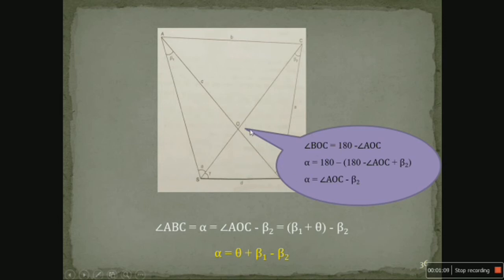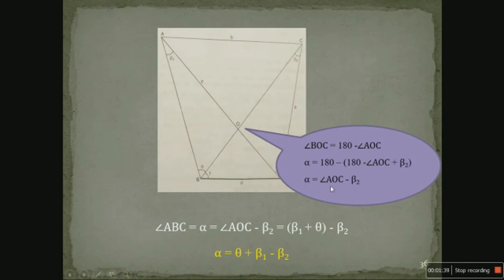So angle BOC is equal to 180 minus angle AOC. Now in this triangle BOC, we have to find the angle alpha. Alpha is nothing but 180 minus this much angle plus this much angle. So I have written it here. So finally the alpha value is equal to angle AOC minus beta 2.